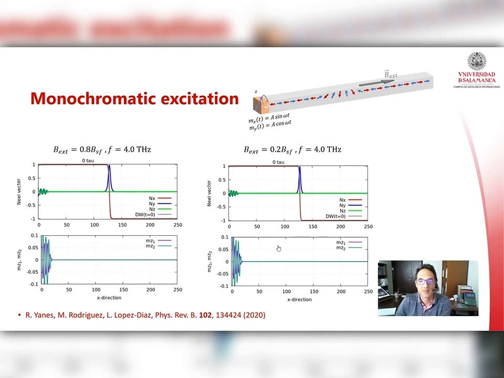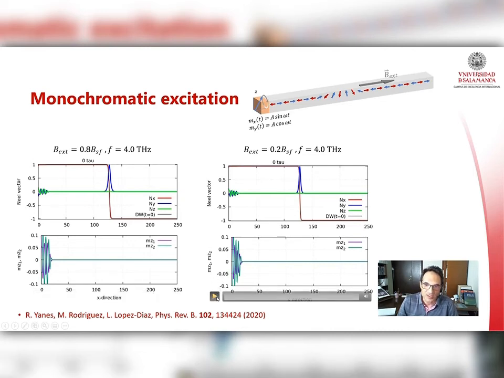Here I'm plotting for a large field, 0.8, and here for a small field, 0.2. The frequency is the same in both cases, and we are plotting the Cartesian components of the Néel vector on the top and the perpendicular component of the magnetization along the z-axis for the two sublattices to see the spin wave propagating.